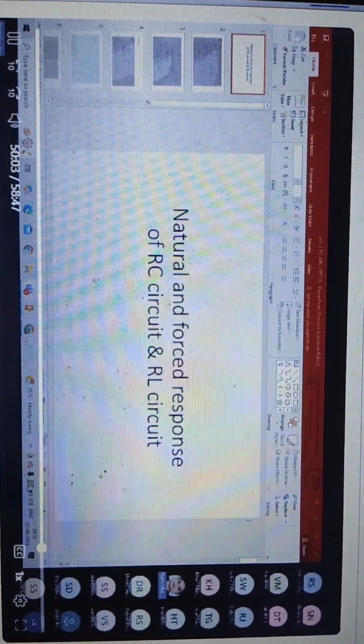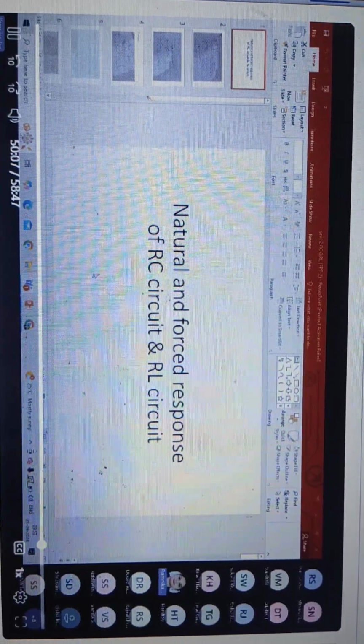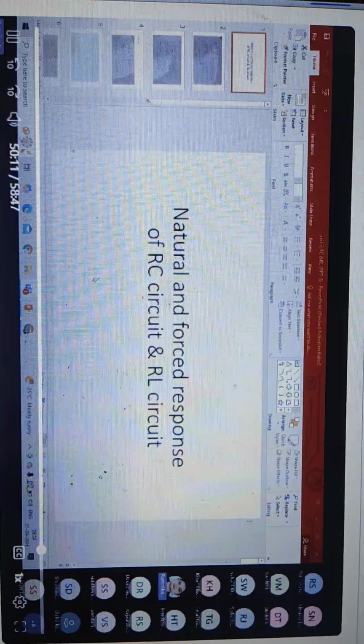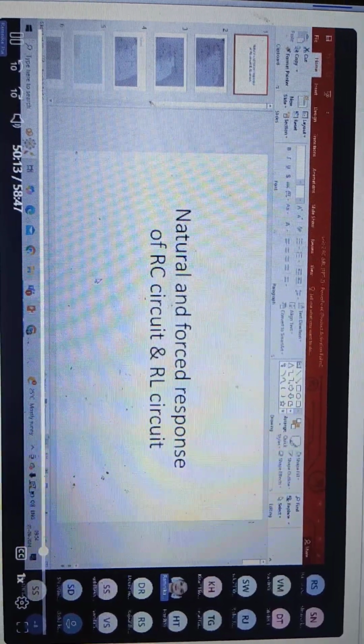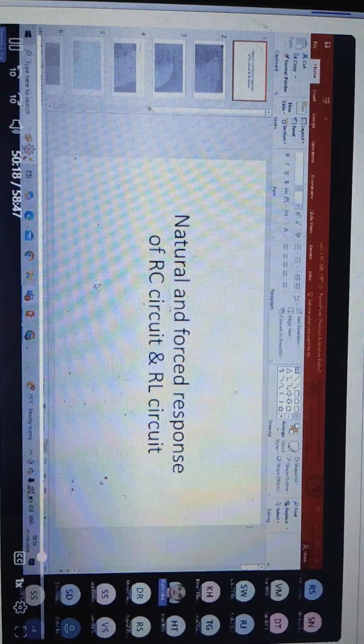The natural response means the circuit does not include the initial condition, but the input supplied is present.